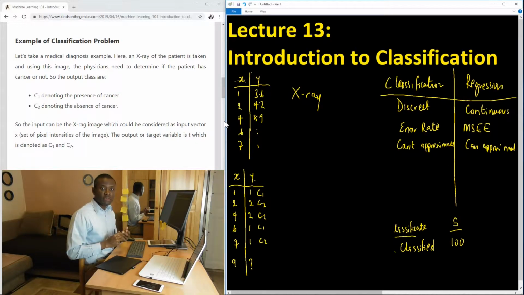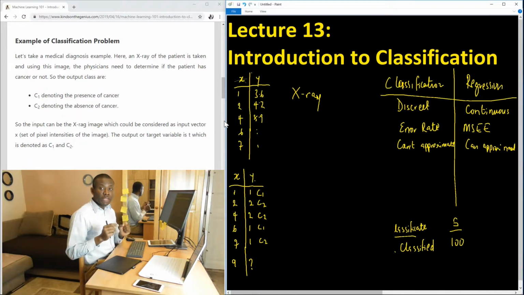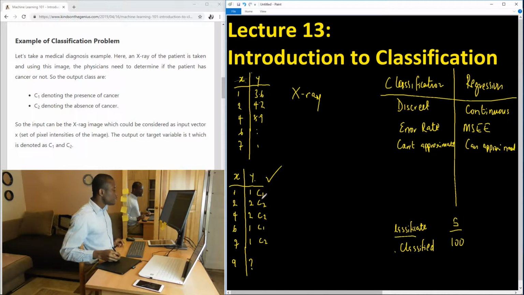C1 denotes the presence of cancer, C2 denotes the absence of cancer. So even with 1,000 patients, they can only classify these 1,000 patients as either C1 or C2, only two classes. Of course, in classification, we can also have a situation where there are maybe 3 classes or 4 classes.